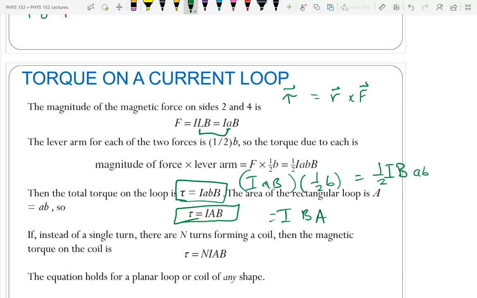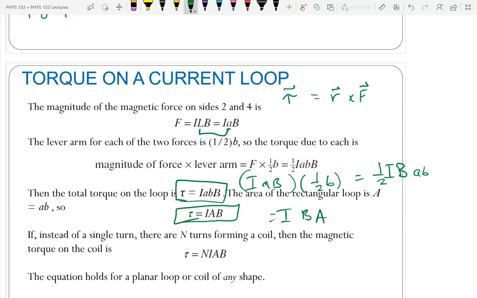What if I had two loops? What would happen to the torque if I had two loops? Two loops, each with the same dimensions and the same current. One loop makes a torque of IBA. So each one alone makes a torque of IBA. If I put the two together, the total torque is the sum of them. So 2 would be 2 IBA. 3 would be 3 IBA.